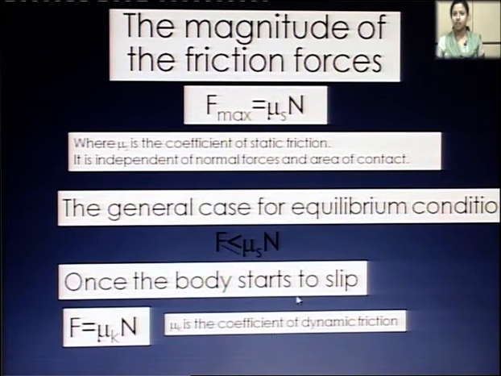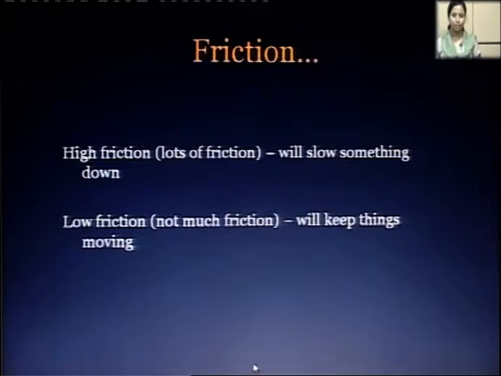Once the body starts to slip, this force is equal to mu k into n, if the body starts moving. So mu k is called the coefficient of dynamic friction, and mu k is always less than mu s. It is found experimentally. If the friction is high, it will slow down the body. But if the friction is less, it will keep things moving.